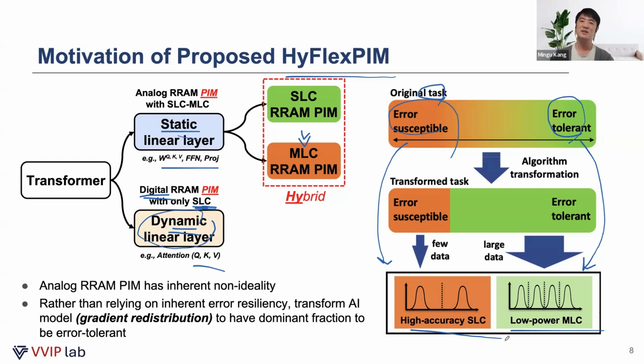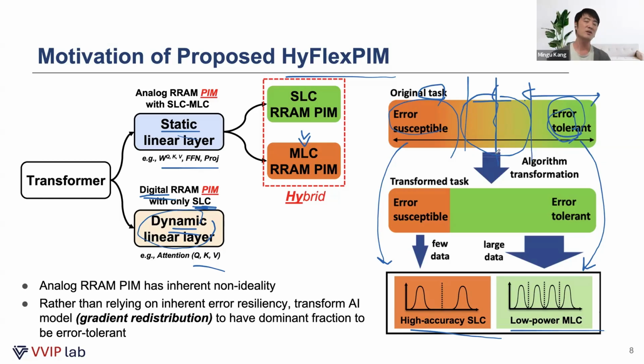However, this has some limitations. Number one, the error tolerant fraction is not that large. Number two, the demarcation, the separation boundary, is very blurred. So from which point we can cut, here, here, or here, is very, very ambiguous.